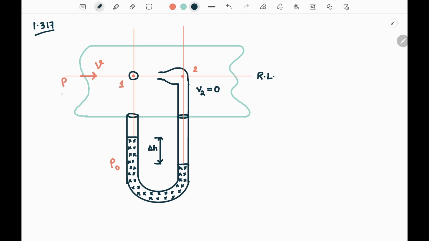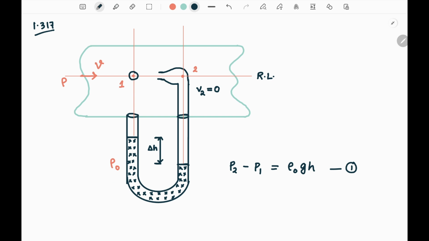The gas is having density rho and the liquid is having density rho naught. It is also evident that pressure at point 2 is greater than pressure at point 1, and hence it is pressing the manometric fluid in the downward direction. So over here we can write P2 minus P1 equals rho naught g delta H. This is the first equation that we have written, which is the reading which we take from the manometer tube.